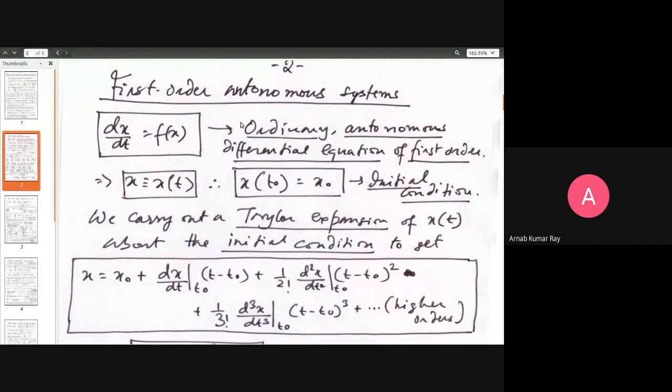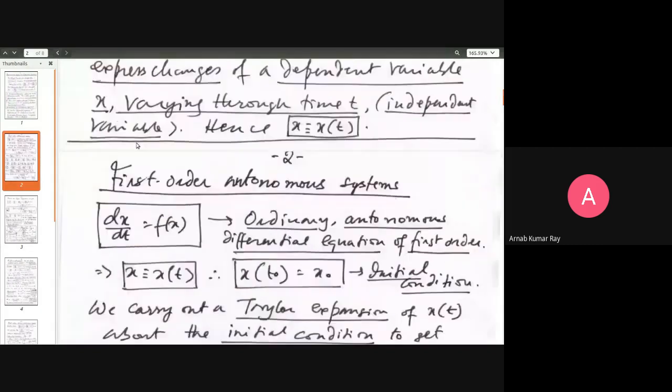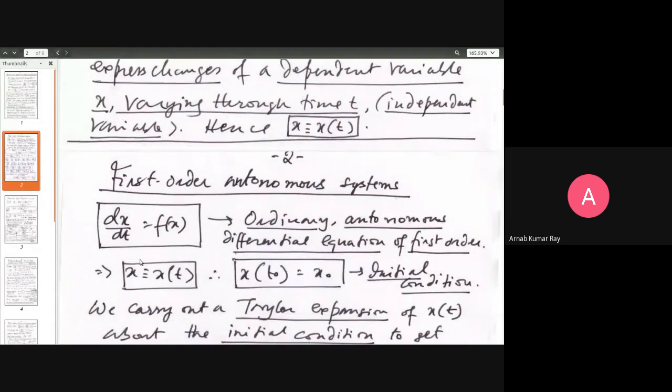Therefore, it's first order. It's an ordinary differential equation. Why ordinary? Because x has dependence on only one variable. Therefore, any derivative that you'll have will be a full derivative dx/dt, not a partial differential equation. Although at the very end of the course, if time permits, we shall briefly also have some understanding of partial differential equations.